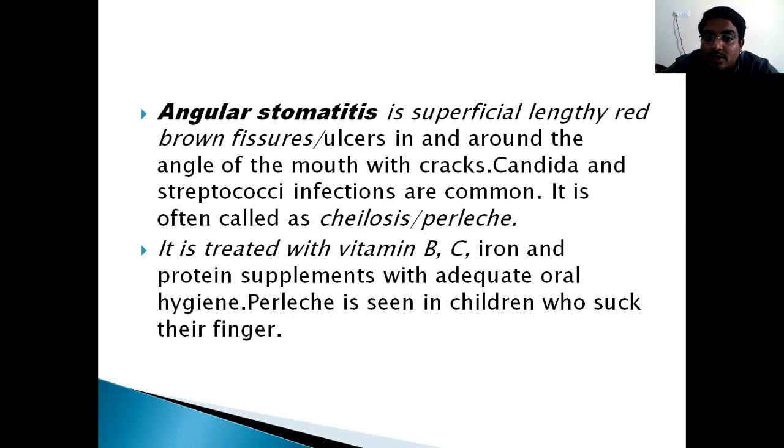Angular stomatitis presents with superficial red-brown fissures and ulcers around the angle of the mouth with cracks. Candida and streptococcal infections are common causes. It is often called an allergy. It is treated with vitamin B, C, and iron, protein supplements with adequate oral hygiene.